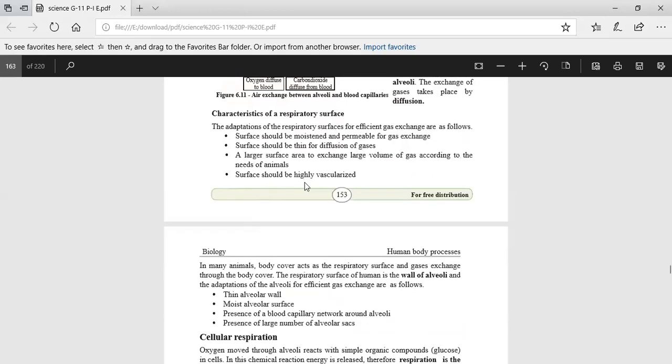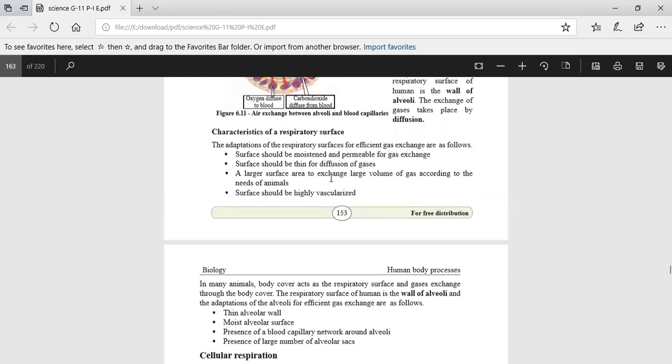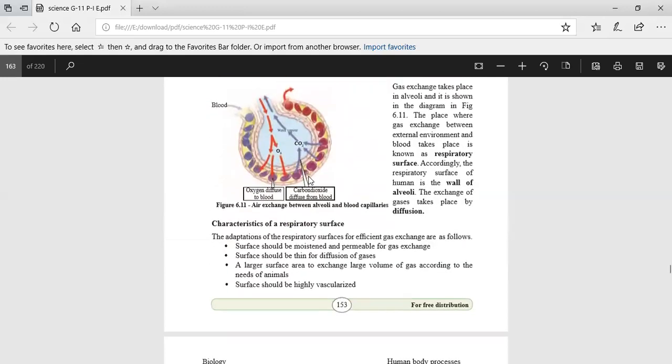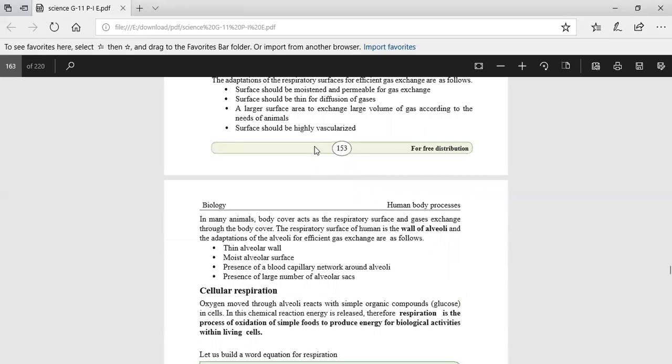The surface should be highly vascularized. Here, blood capillaries are here, a large number of blood capillaries, highly vascularized.